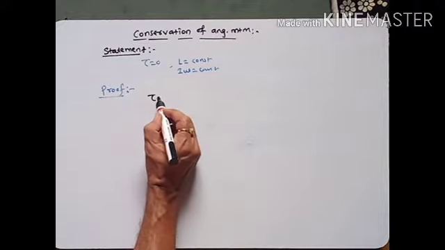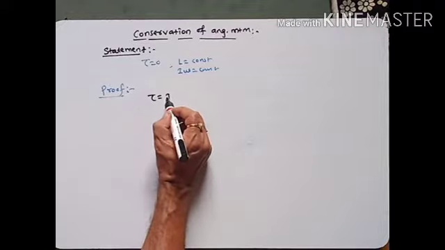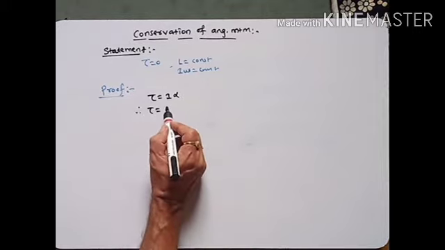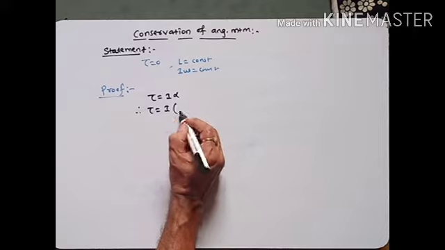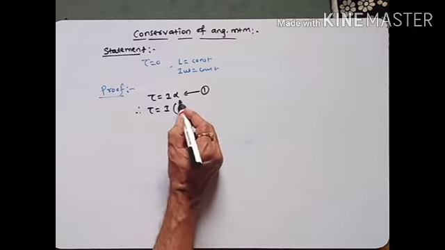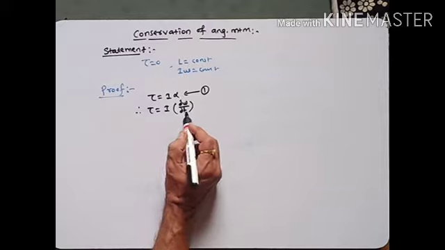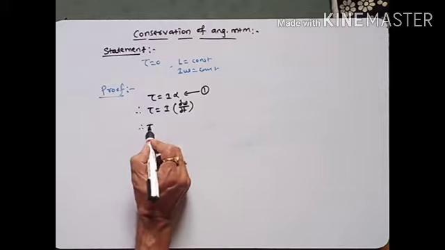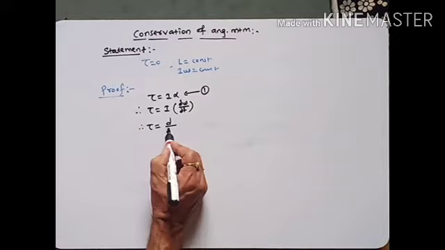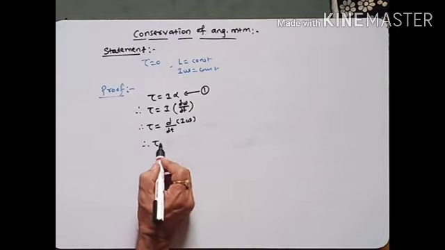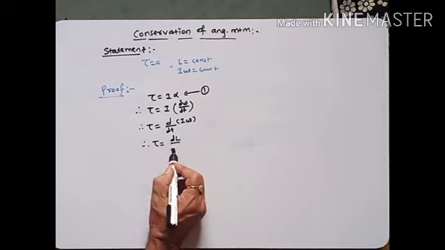We know tau is equal to I alpha. Therefore, I will write here tau is equal to I into d omega by dt, suppose this is equation number 1, and therefore torque is equal to d/dt of I omega, and therefore torque is equal to dL by dt.